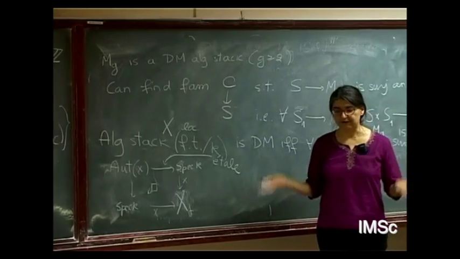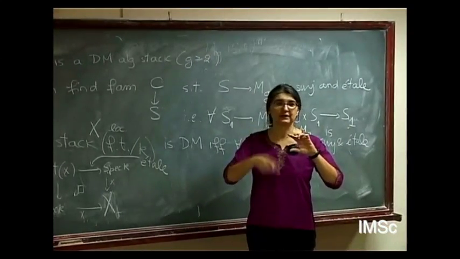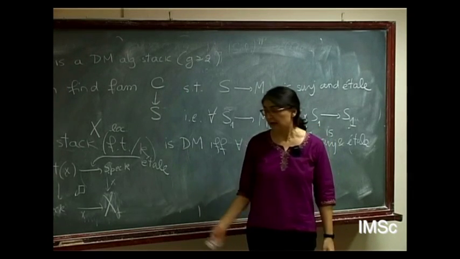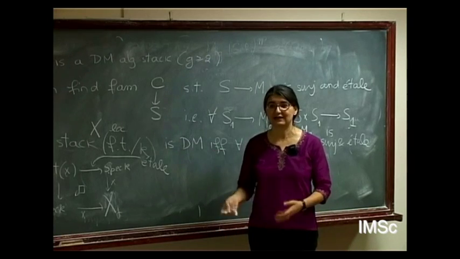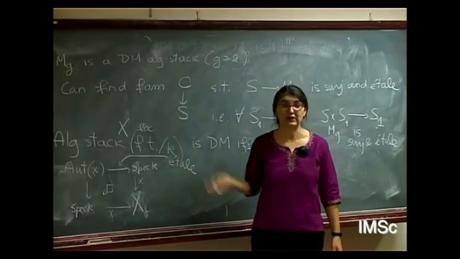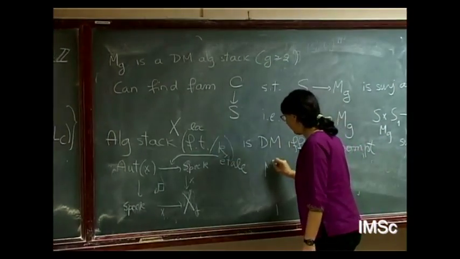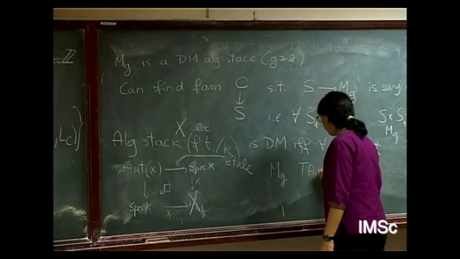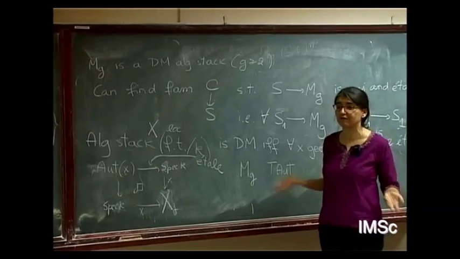If K is in characteristic 0, étale just means that it has dimension 0. If K has positive characteristic, you can get situations where this group is proper but not étale, and it actually happens. But in the case of M_g, the tangent space to the automorphisms is something one can easily compute. It's the tangent space to morphisms.